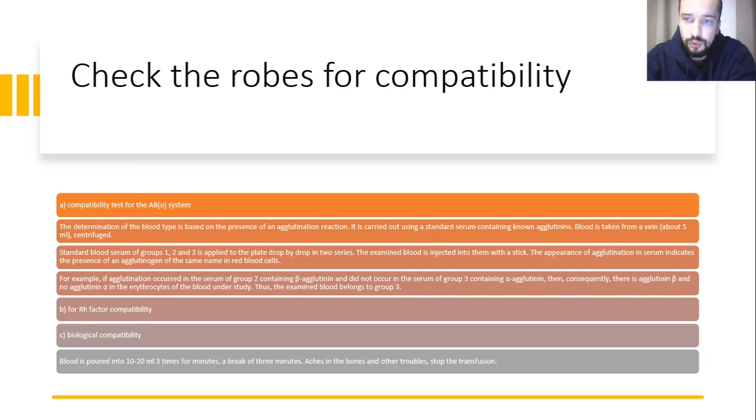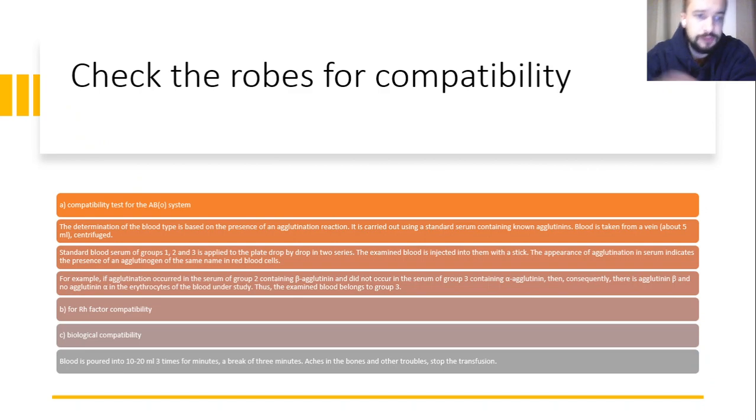Blood is taken from a vein, about 5 milliliters, and centrifuged. Standard blood serum of groups 1, 2, and 3 is applied to the plate drop by drop in series. The examined blood is added to them with a stick. The appearance of agglutination in a serum indicates the presence of agglutinogen antigens of the same name in the red blood cells.